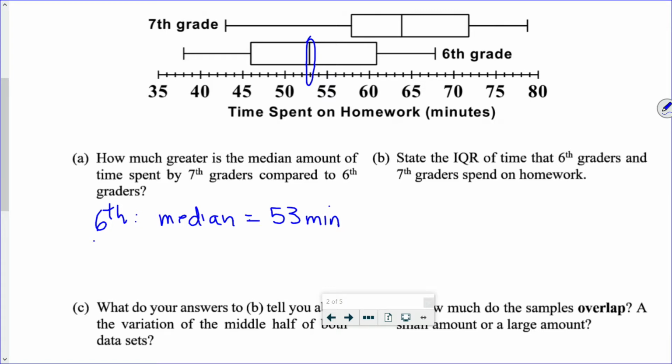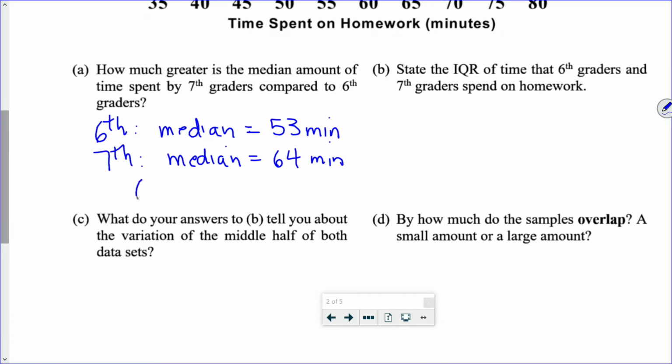And for 7th, its median is going to be right here. A little bit trickier to see. The median is equal to 64 minutes. So if we just do the subtraction, 64 minutes minus 53 minutes, it's 11 minutes greater.